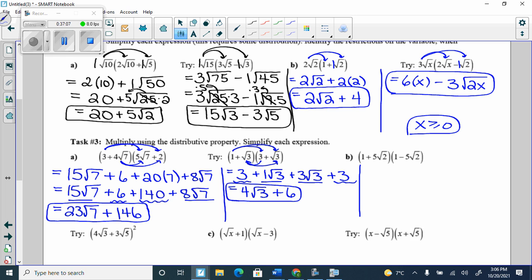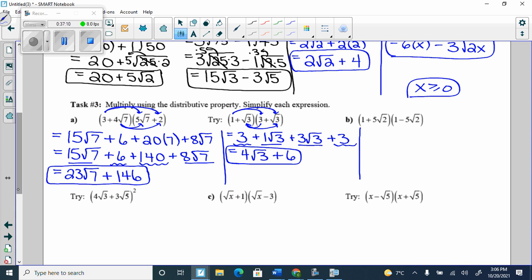Okay. Then we're going to do B. 1 times 1 is 1. 1 times negative 5 root 2 is negative 5 root 2. 1 times positive 5 root 2 is positive 5 root 2.